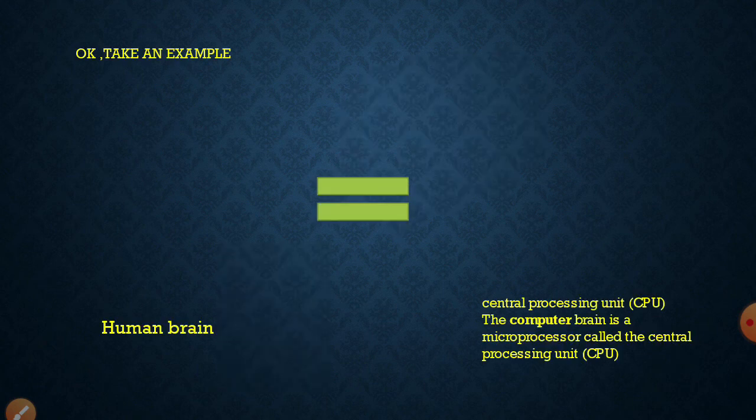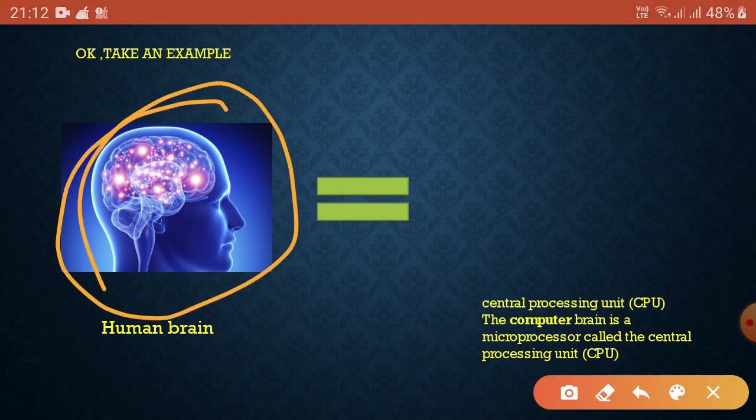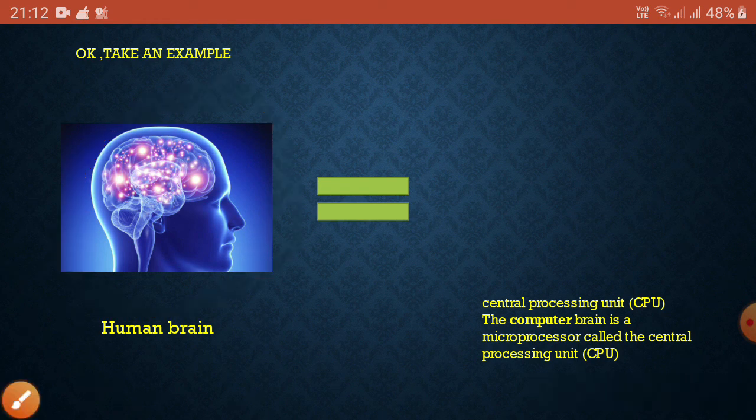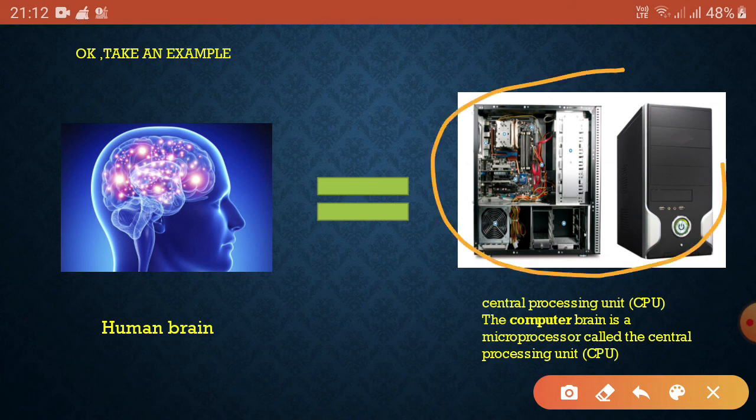So take a simple example. It is like the human brain. We know in biology what the function of the human brain is. So in the computer also, this part is known as the CPU, Central Processing Unit.